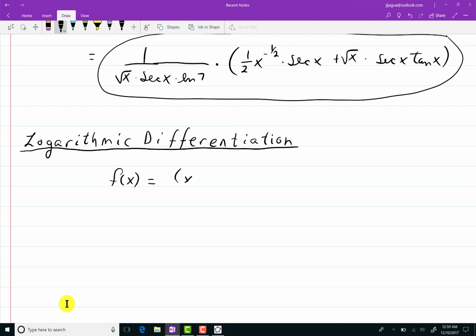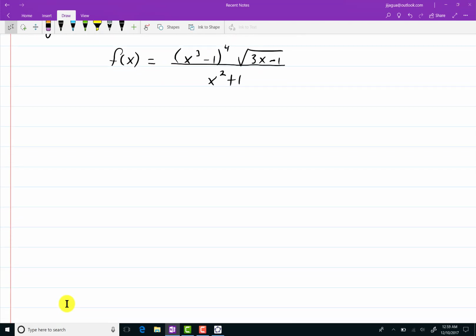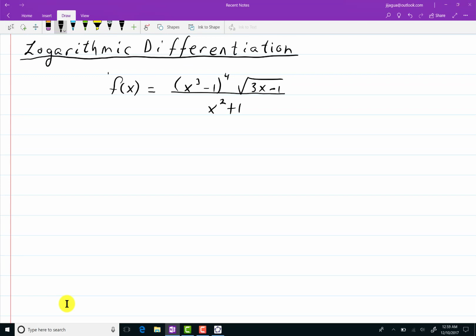So I have x cubed minus 1 to the 4th power, the square root of 3x minus 1, all over x squared plus 1. Now if I want to take the derivative of this, you can do this according to a combination of rules, or we can do this business. Take the absolute value of both sides. Now I'm going to take the natural logarithm of both sides.